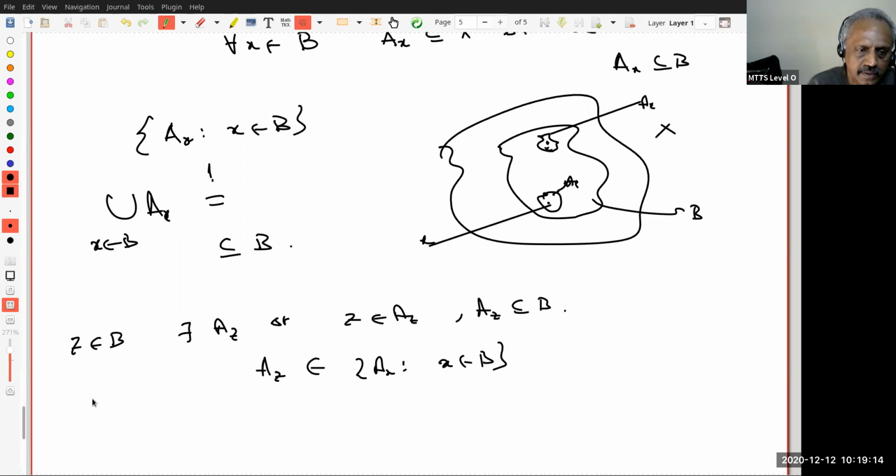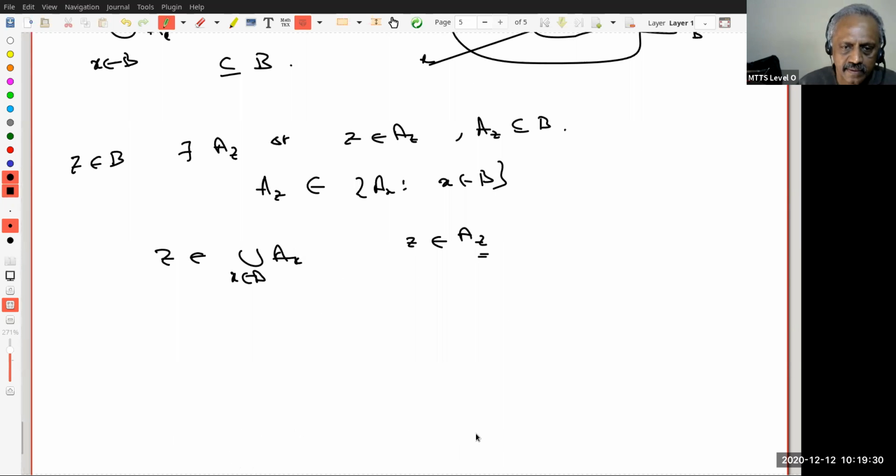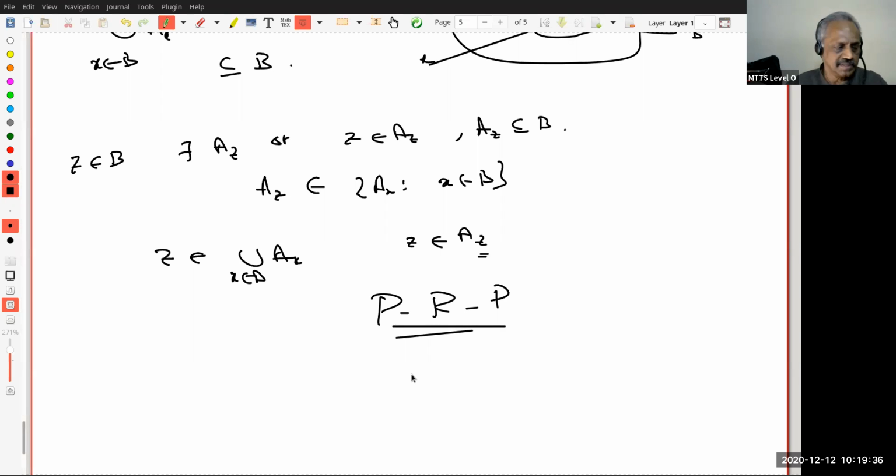Therefore, my Z belongs to the union of AX, X in B, because Z belongs to AZ. I have to find an X so that Z belongs to AX. But what is the X I am taking? Namely Z. Do you follow that? When you learn that the union of open sets is open, this is the kind of argument we used in metric spaces.